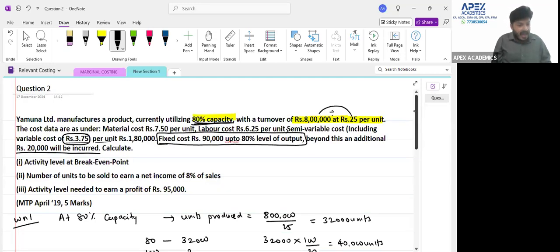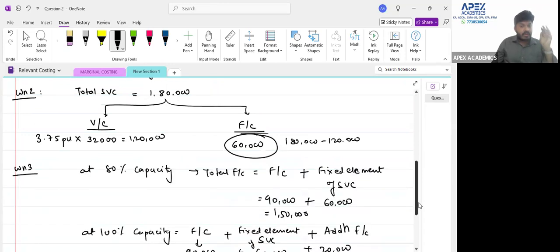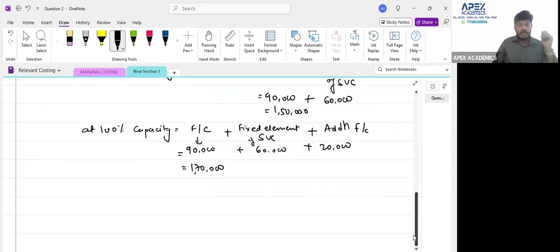Next, I want the activity level at the break-even point. Now, please try to understand the meaning of activity level. First of all, I will calculate my break-even point. For the calculation of break-even point, I need to have two types of data. What are the two types of data that I need?